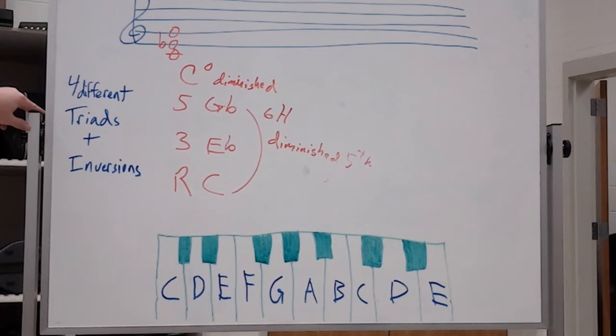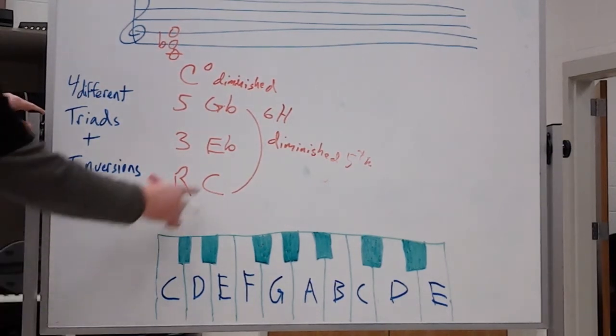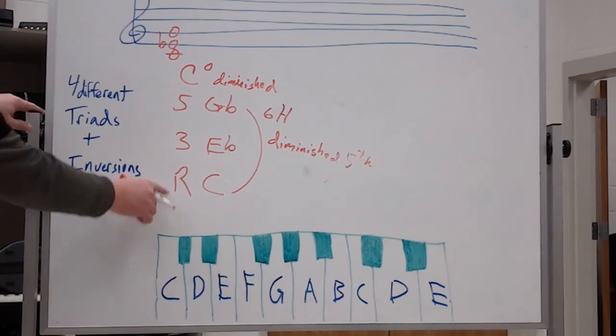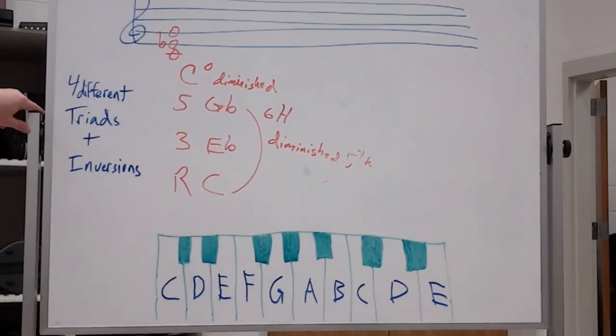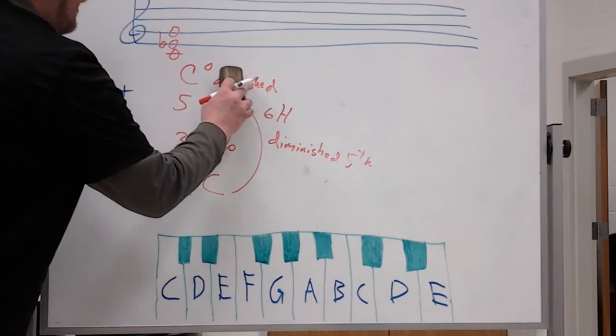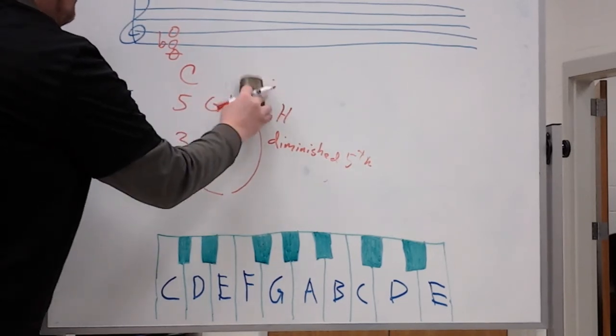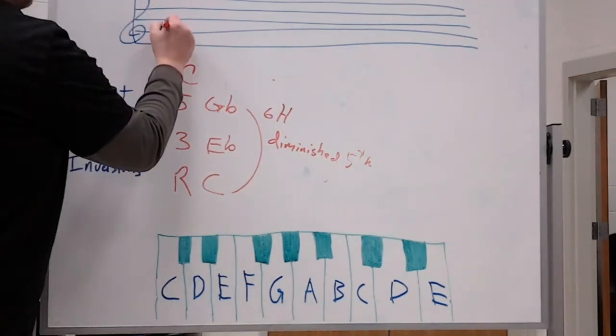Okay. So that's 3 different kinds of root position triads. We're calling it root position because the root is the lowest note of the chord. It's the base of the chord. So far we've had major, minor, and diminished. If we go back to our major triad, oh, by the way, we also have the G flat up there.